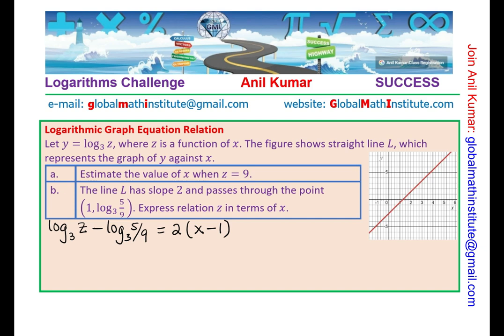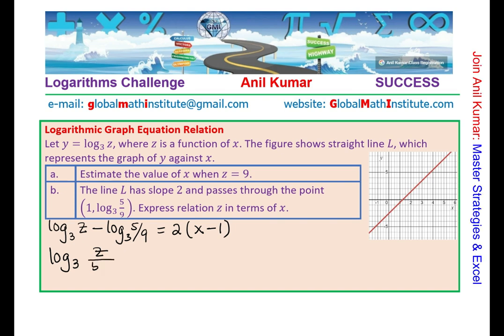We need to relate z in terms of x, so we can isolate z here. Applying the properties, we can write this as log 3 of z divided by 5 over 9, which is equal to 2x minus 2.